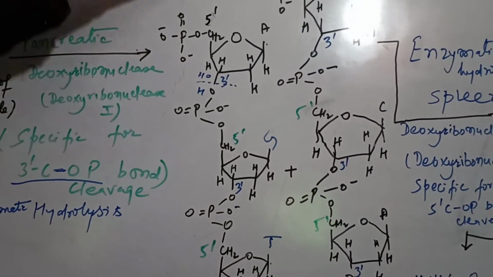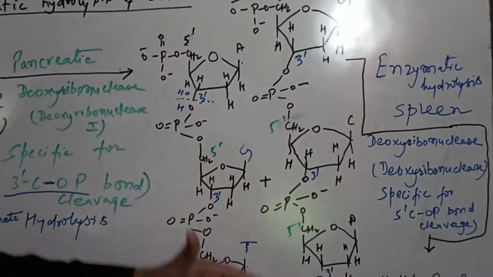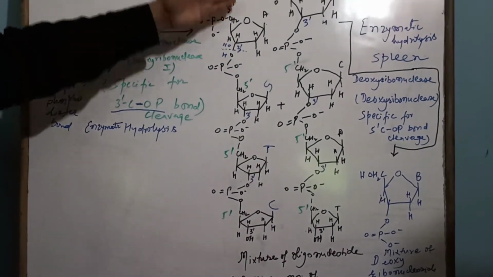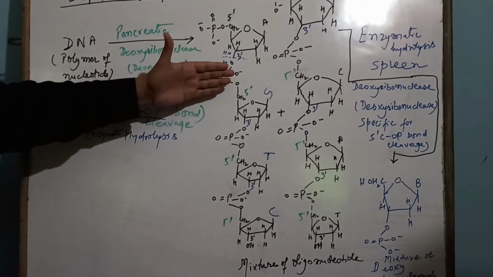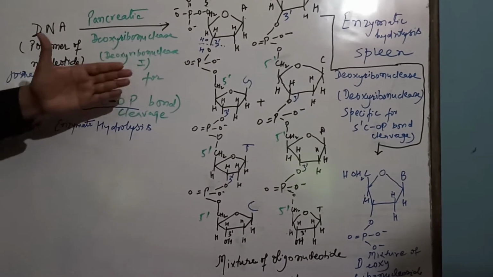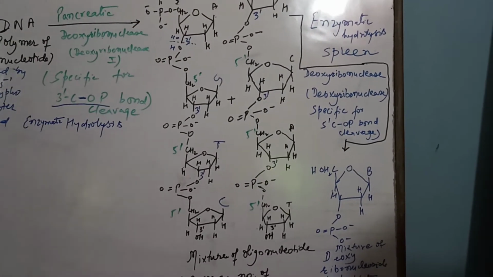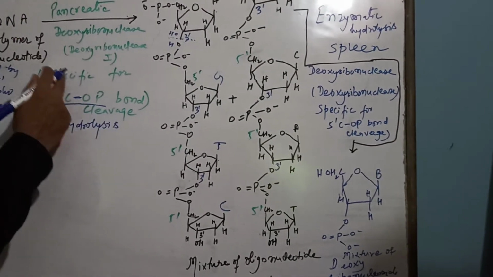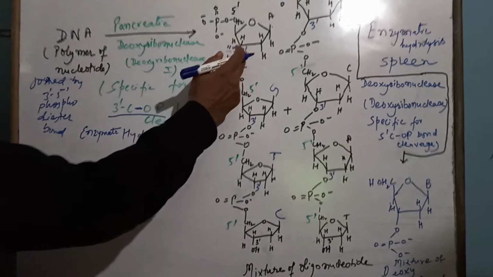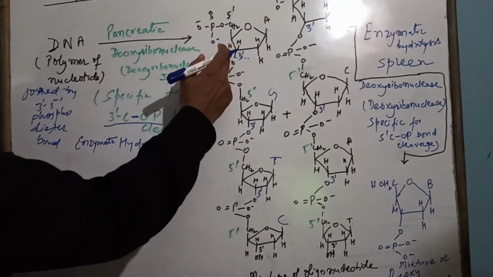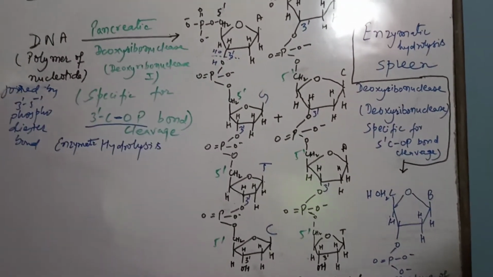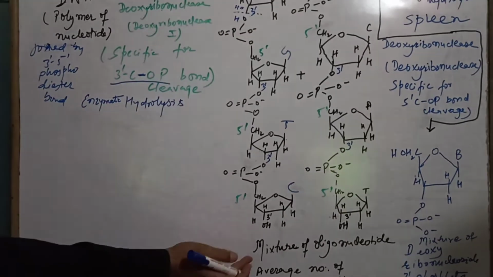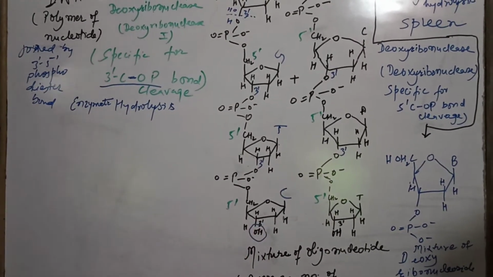The result will be that a big chain of DNA polymer, joined by 3', 5' phosphodiester bonds, is broken at 3' due to this enzymatic action. So ultimately we are getting a nucleotide, and at 3' we are getting the free OH group.